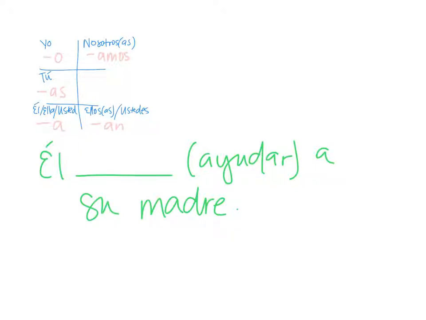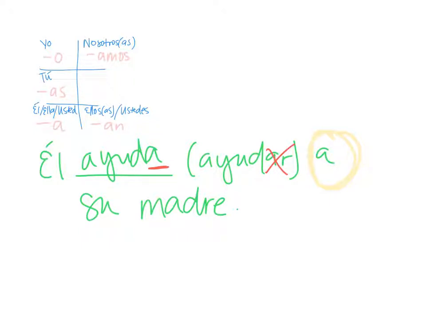It's going to be ayuda, because I have this verb ayudar, and I'm going to take off the AR and then add the new ending, which, as you can see from the chart, is the A. And by the way, the reason that I have ayudar a is because when you use the verb help in Spanish, ayudar, you put that after it. It's just one of those funky things that you have to learn. All right, so there's that sentence.